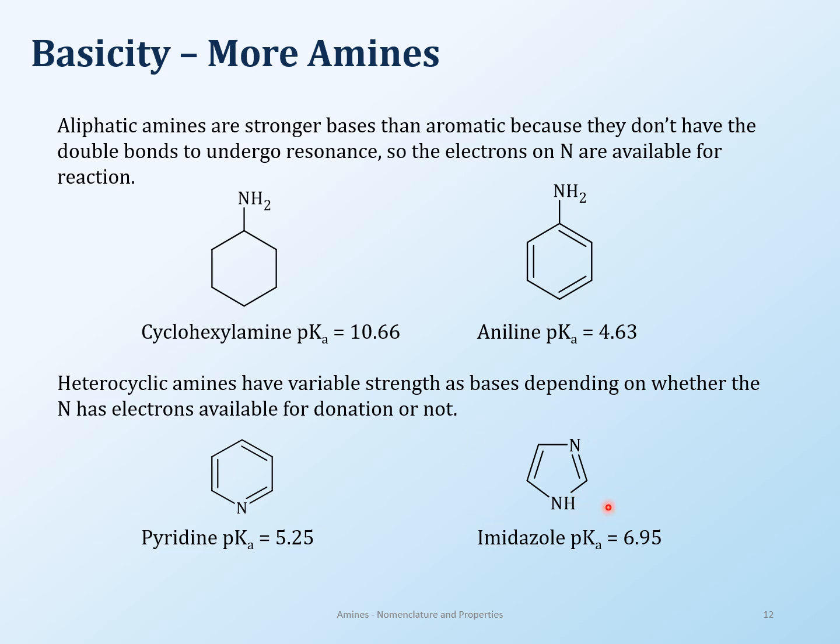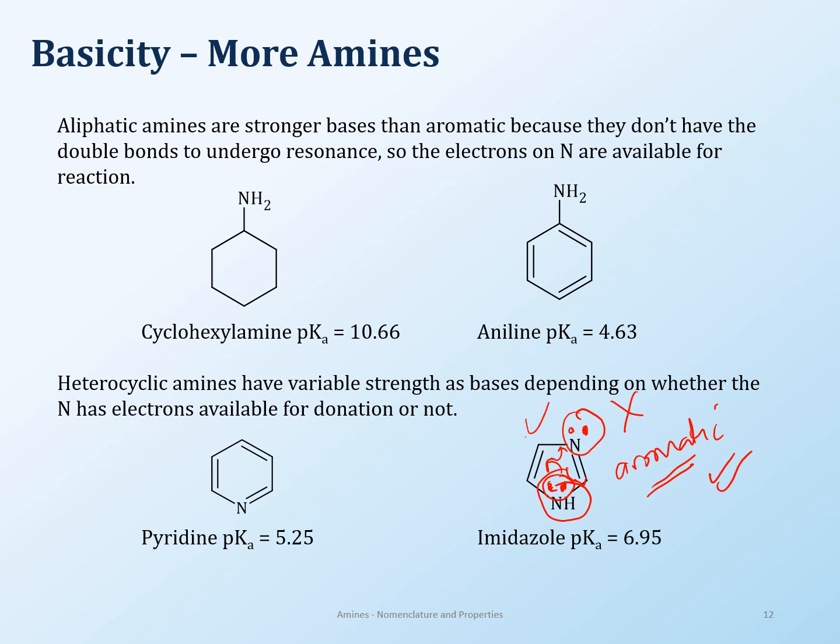Now, in the case of imidazole, you can see there are two different kinds of nitrogens. Here there is a lone pair of electrons. Well, there is a lone pair of electrons here also, but this lone pair is actually involved in resonance, and that makes it aromatic. So these nitrogen electrons are involved in aromaticity, but these electrons are not. What does that mean?